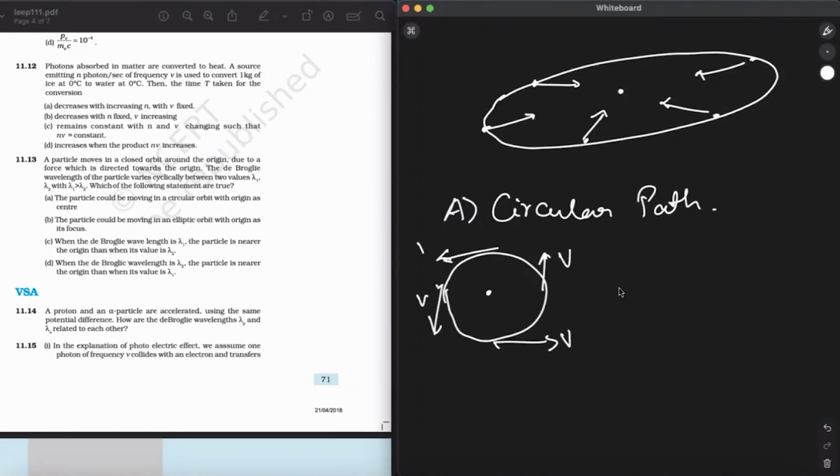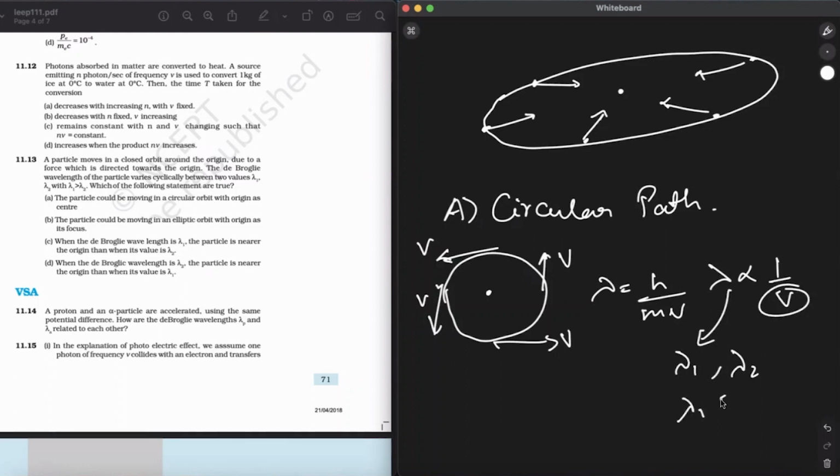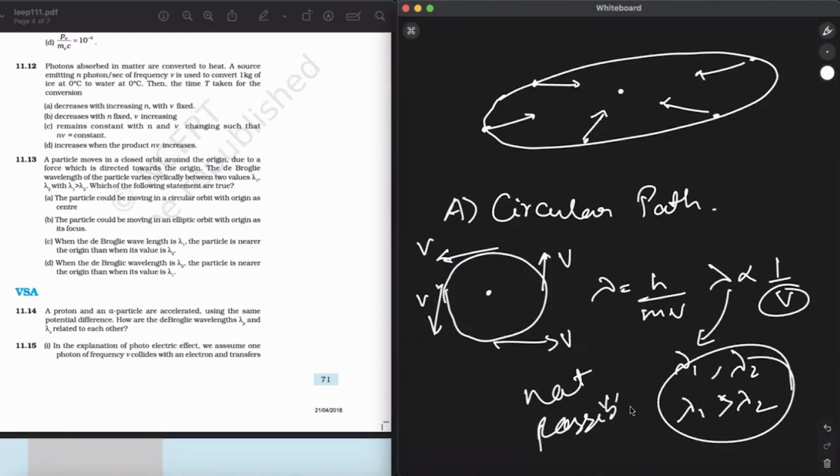If velocity is the same, lambda is equal to h upon mv. Lambda is inversely proportional to 1 upon v. So if v is constant, how will you get two different values, lambda 1 greater than lambda 2, as given in the question? See, this is not possible for a circle. Got this point.